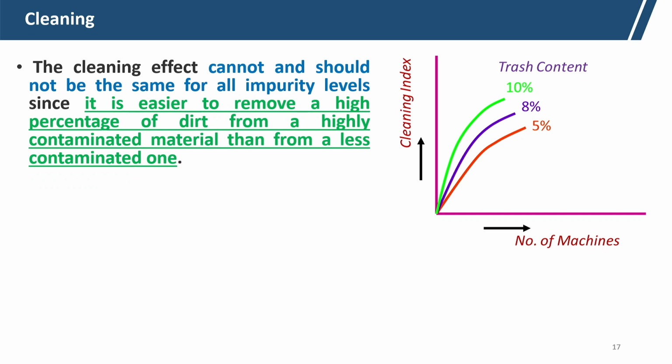So, the cleaning effect cannot and should not be the same for all impurity levels. It is easier to remove a high percentage of dirt from highly contaminated material than from a less contaminated material. That I have already mentioned.